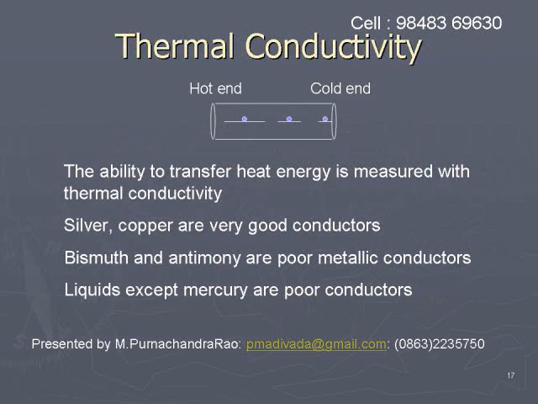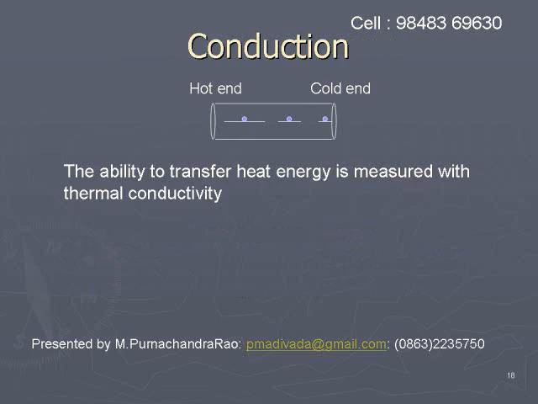The ability to transfer heat energy is measured with a parameter known as thermal conductivity. Thermal conductivity is a measure of the rate of transfer of heat energy, the ability of the materials to transfer heat energy.